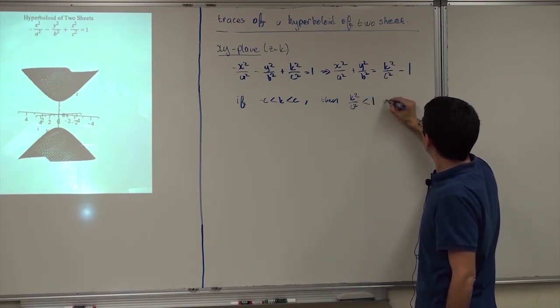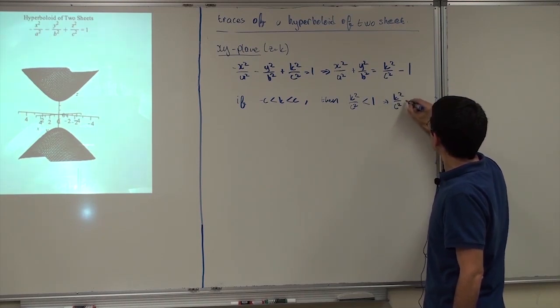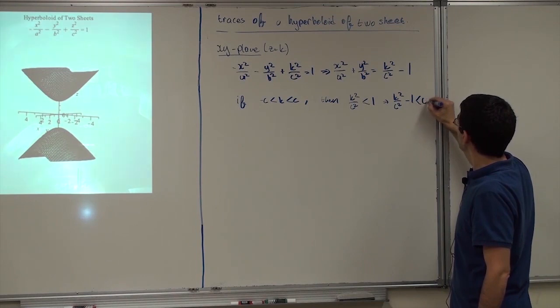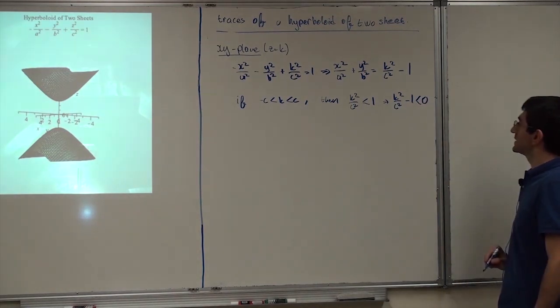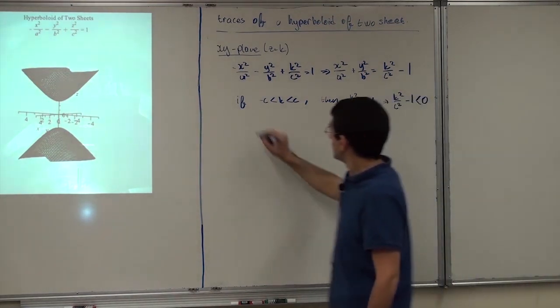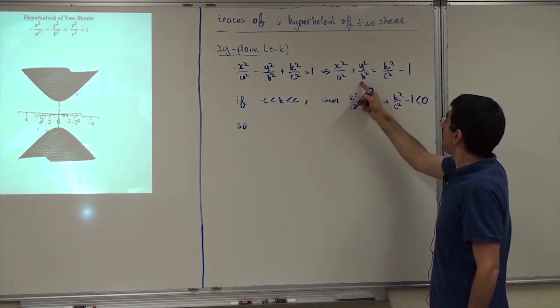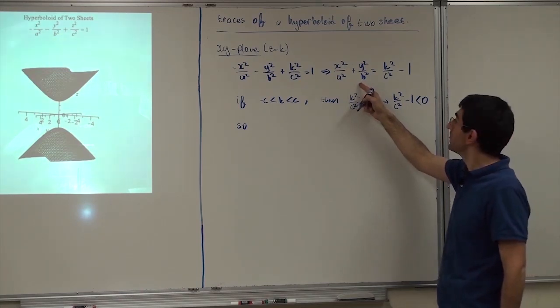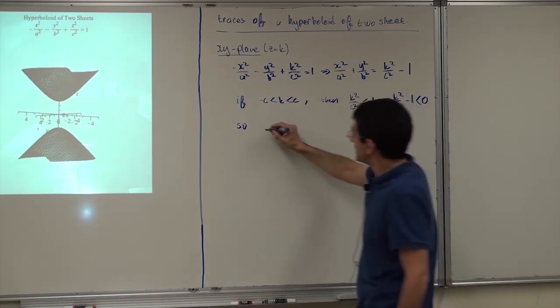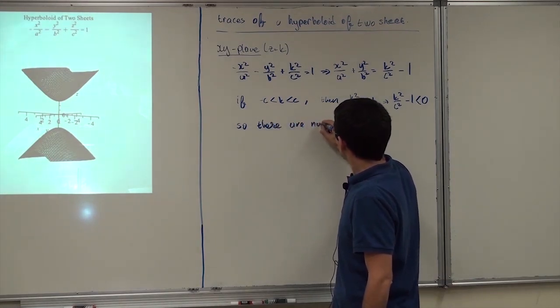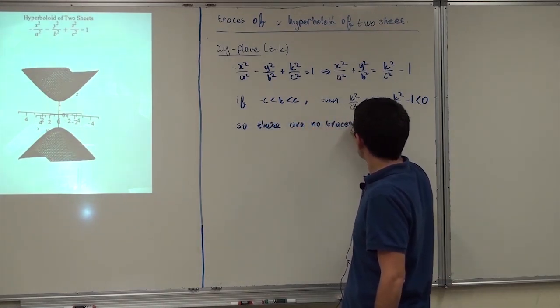And therefore, k squared over c squared minus 1 will be strictly less than 0. So the other side of the intersection equation is always positive. This means that there are no traces.